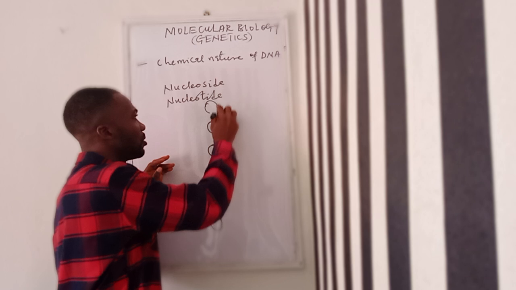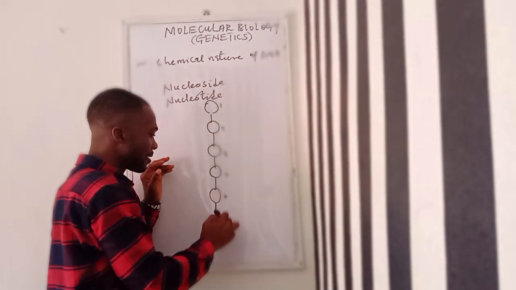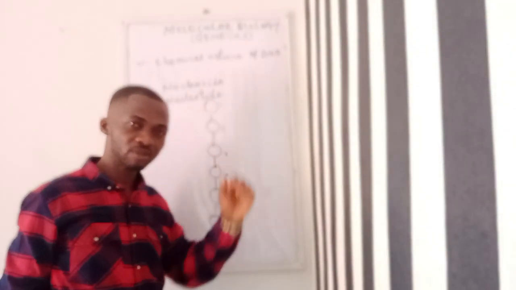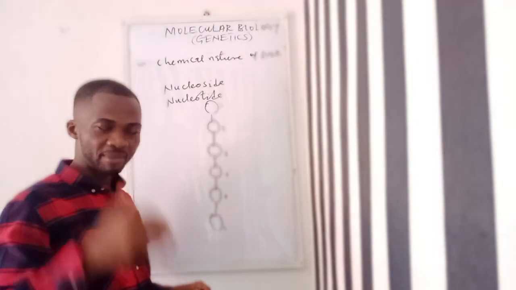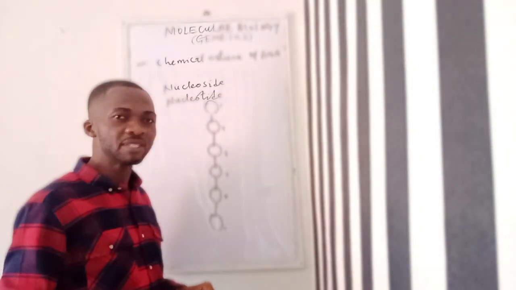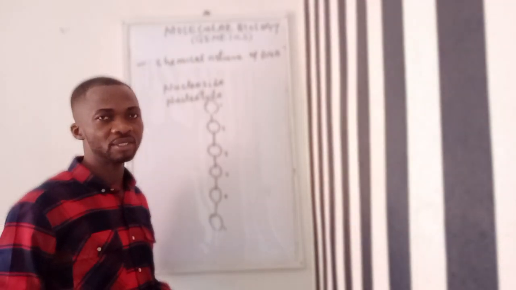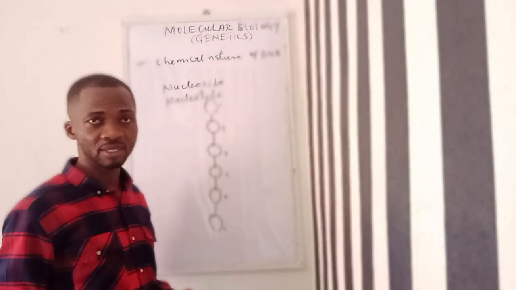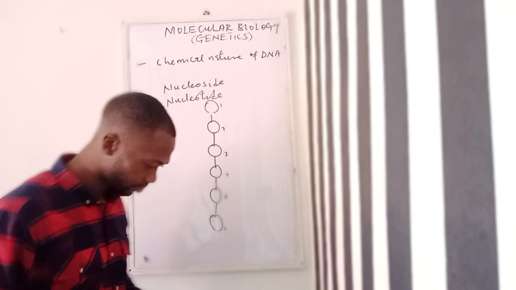We can number it 1, 2, 3, 4, 5, 6. Sometimes we'll have about 1,000 to 10,000 nucleotides, like the type you see in messenger RNA. The one with the smallest number of nucleotides is the transfer RNA, which has about 80 nucleotides.